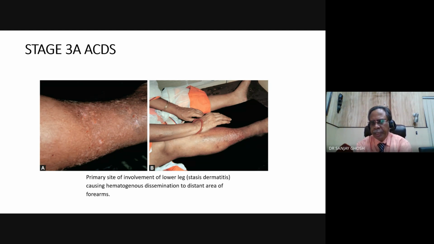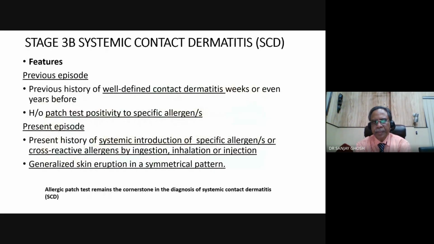So we have to be very careful. Sometimes in stasis dermatitis, I don't give any topicals except sometimes a saline wash and a paraben- and lanolin-free topical moisturizer. Except that, even topical steroid and other things I avoid. And in many cases I could cure in this way. Topical application in stasis dermatitis is very risky.